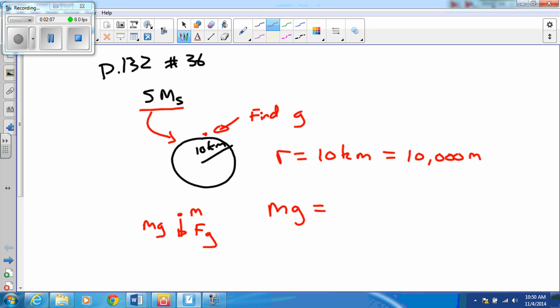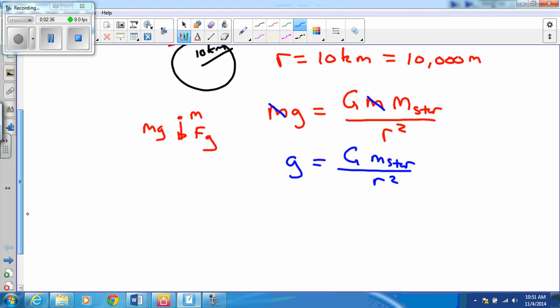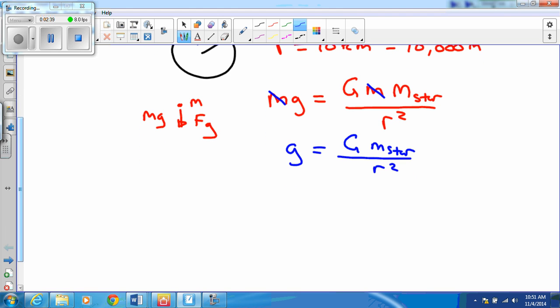In other words, mg has to equal the force of gravity, which is G times the mass m times the mass of the star, divided by the square of the center-to-center distance between them. And it's pretty obvious that the mass m cancels out, so that I get an expression for the acceleration, which is G times the mass of the star divided by r squared.